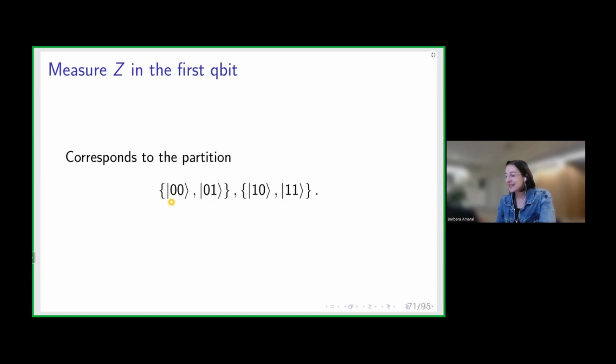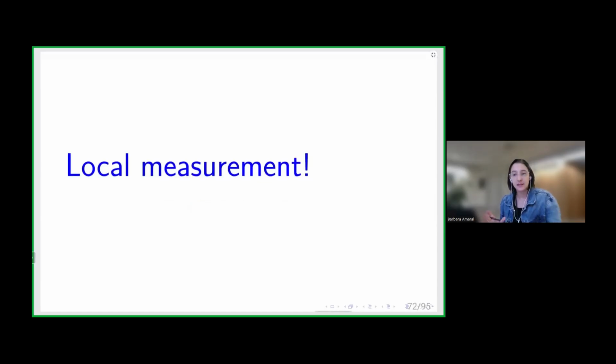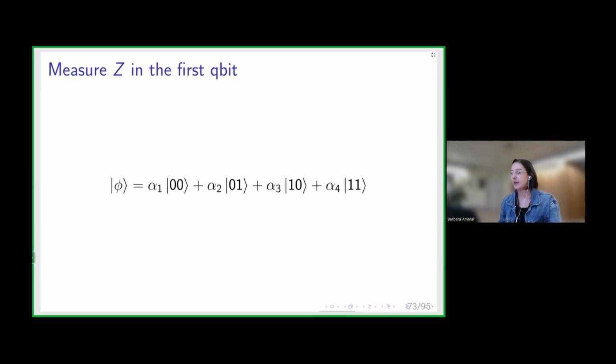Again, it does not actually matter which vectors I put here, but the eigenspace, the subspace generated by these two vectors. This is a local measurement like the other one. I'm just ignoring the second qubit and measuring the first.